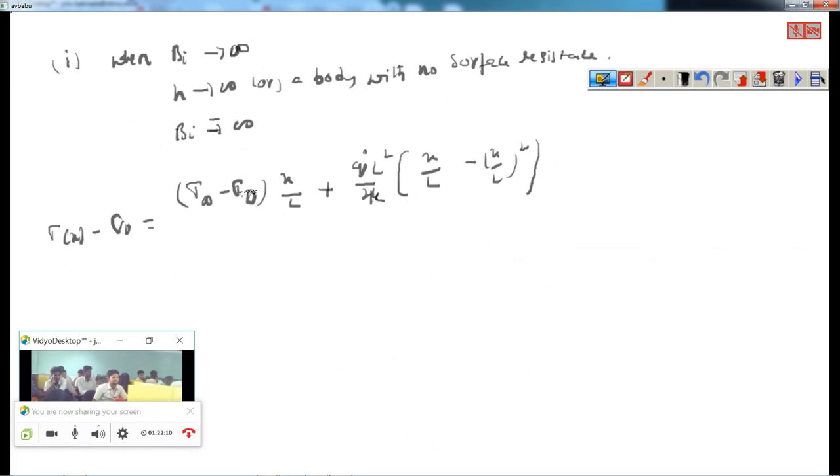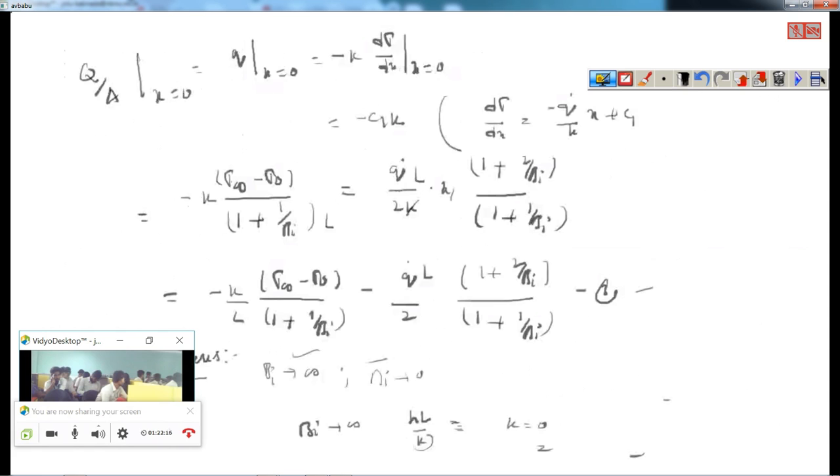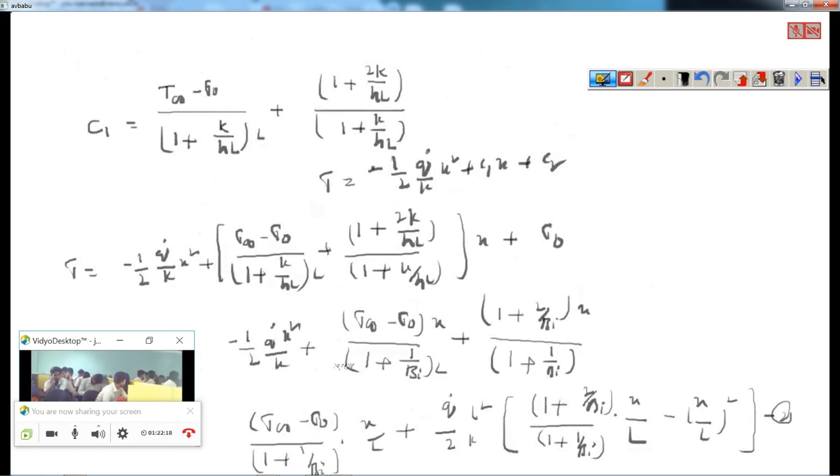Therefore you have got (T infinity minus T0) by x by L. Then the next term, Q dot L square by 2K, also has this factor equal to 1, therefore x by L minus x by L whole square. This is how I have reduced the effect of Biot number on temperature distribution.